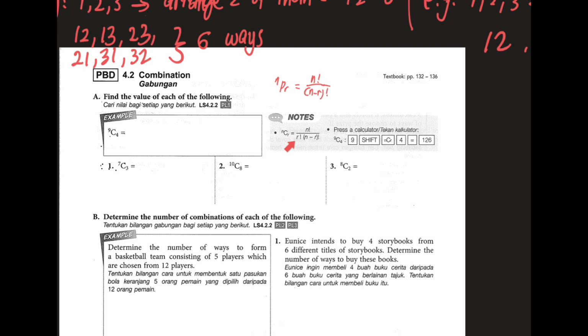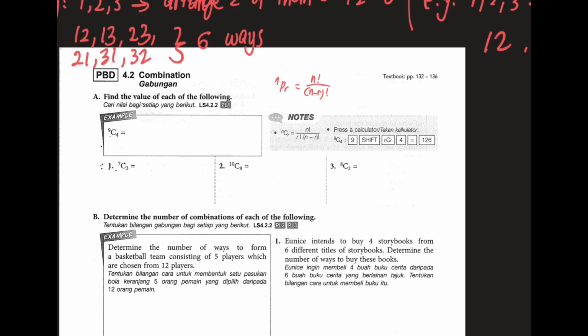You can press calculator, for example 9C4: 9, shift nCr. nCr is, for my calculator, above the divide. Shift divide, then 4, then press equal, then 126 is found. Now let's say I'm not pressing calculator, 9C4, I use formula.